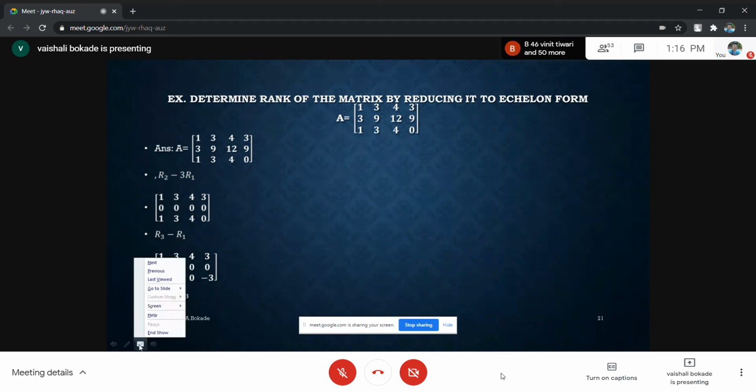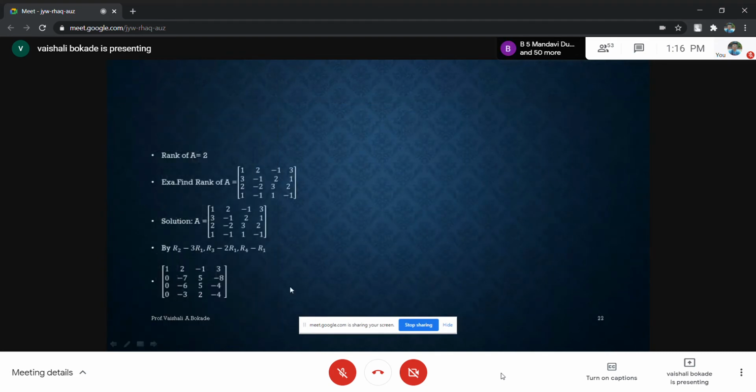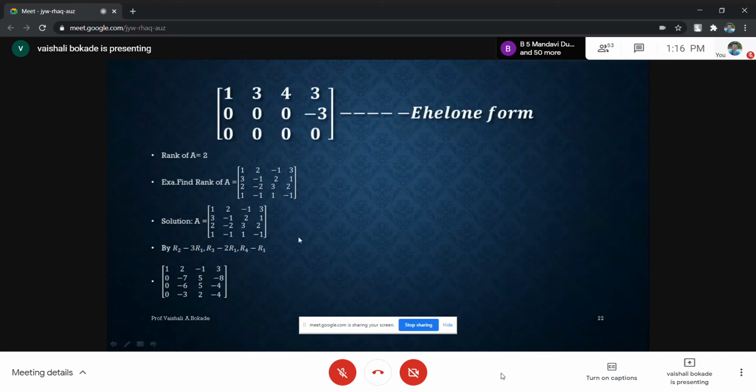My main purpose is converting this matrix to echelon form, and let us go to the next slide. So I'm transferring the 0 row to the bottom, and I'm having this non-zero row as R2. So I'm saying it is in echelon form.